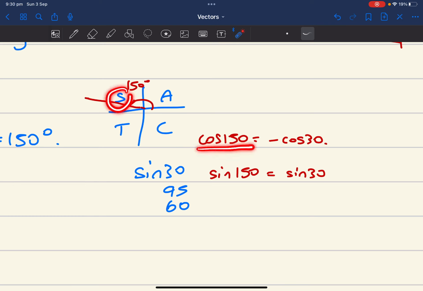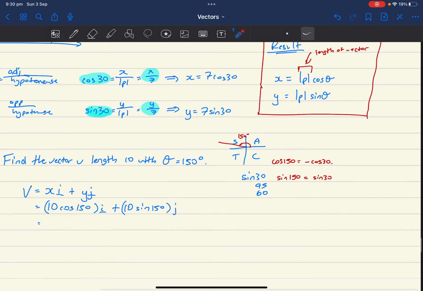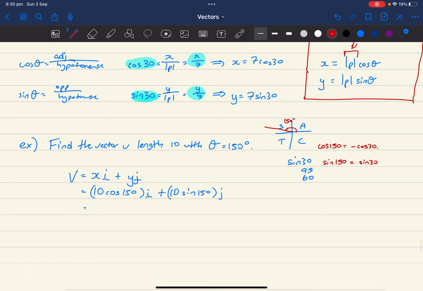Cos is negative in this quadrant and it's positive in this quadrant. So what you can do now is I can write this as negative 10 cos 30 i plus 10 sine 30 j.